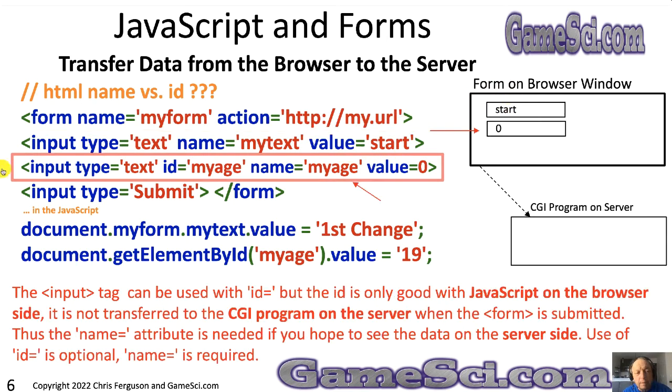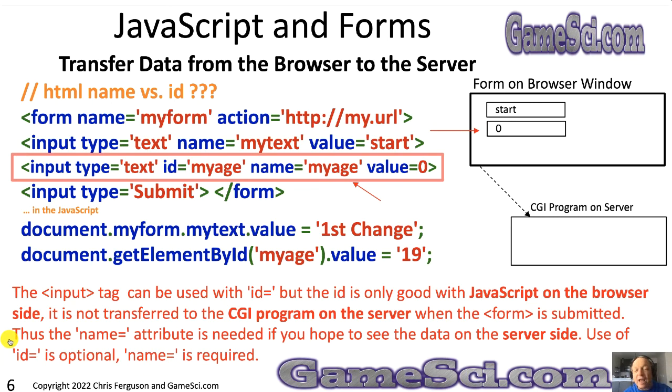If you look very carefully, this is the my text field on the screen, and inside the field we'd like the value start. Input type equals text, ID equals my age, name equals my age, value equals 0. The input tag can be used with ID equals, but the ID is only good with JavaScript on the browser side. It is not transferred to the CGI program on the server when the form is submitted.